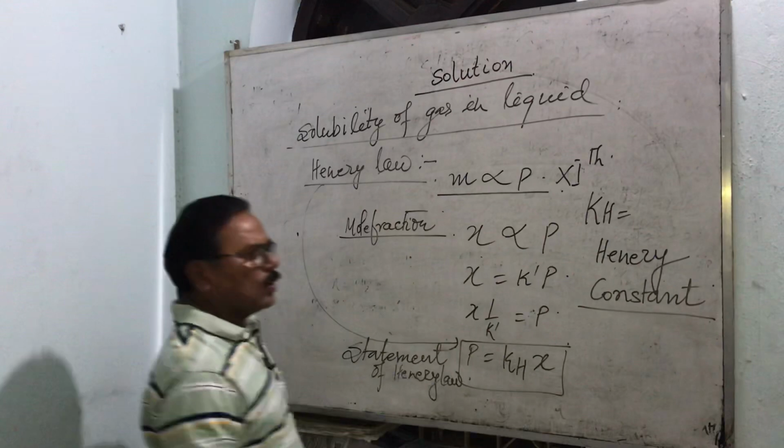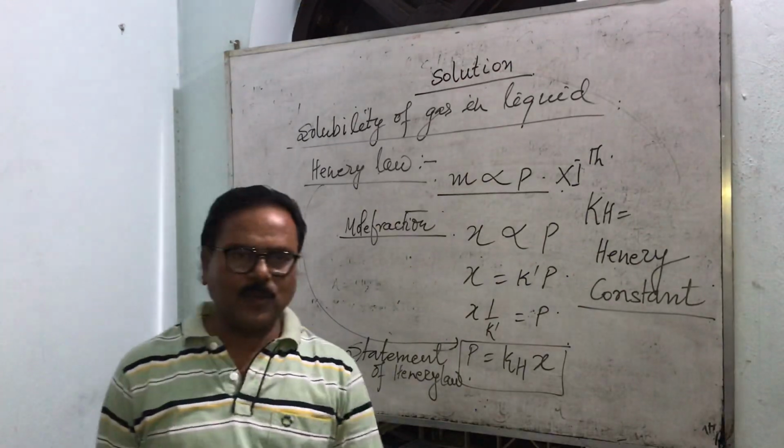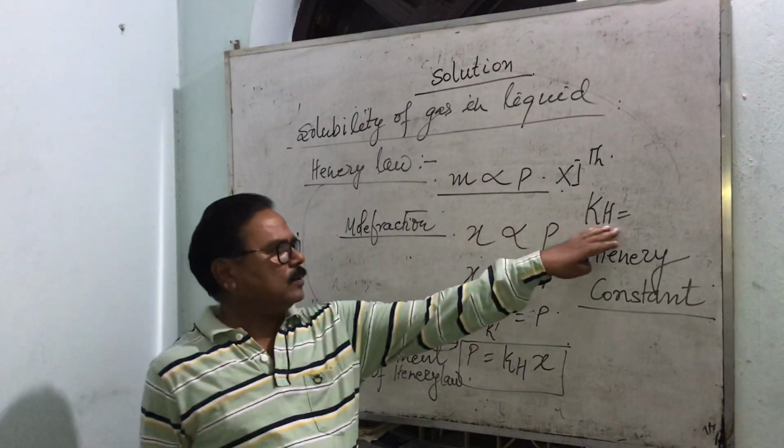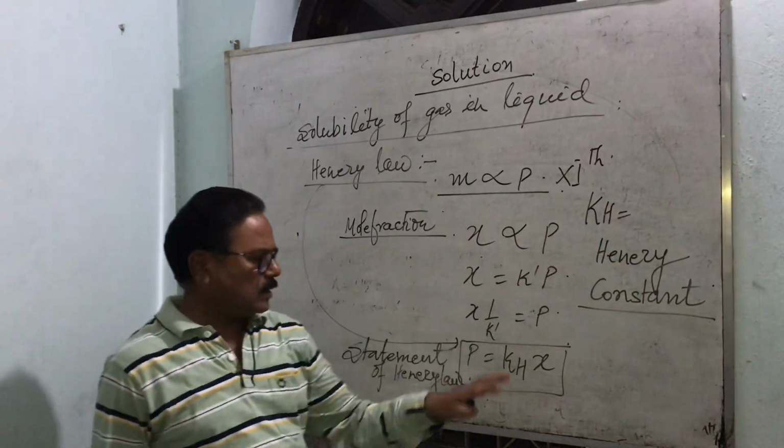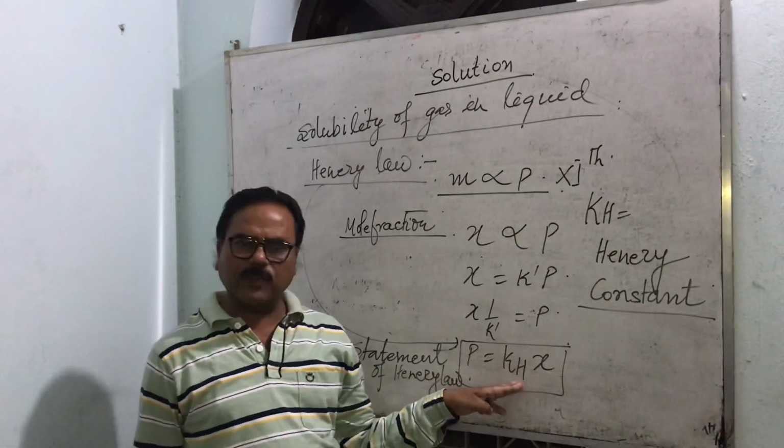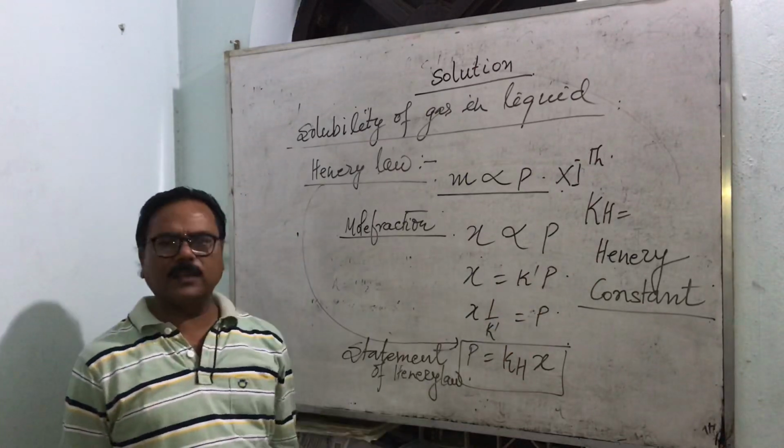The value of KH depends upon the temperature. The question asked: what is the Henry constant? The proportionality constant of Henry's law is known as the Henry constant.